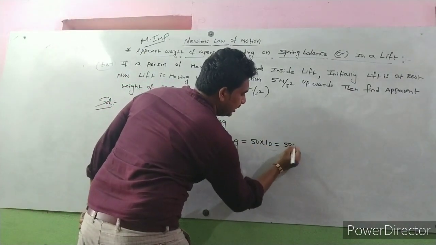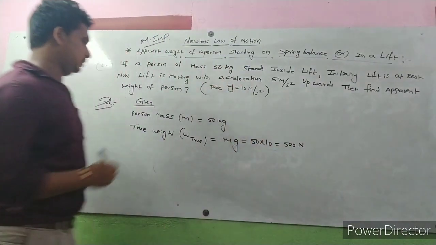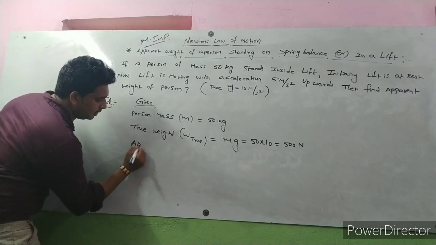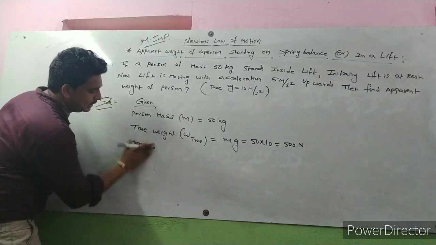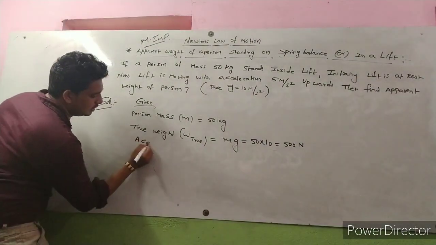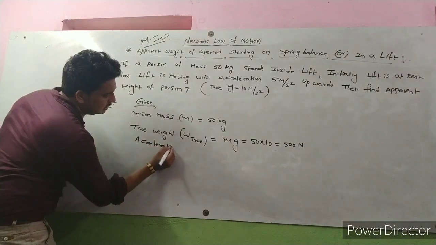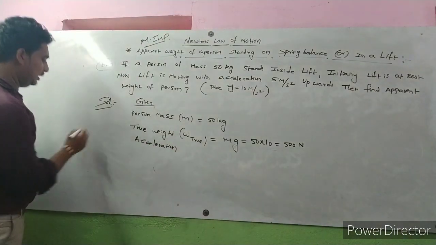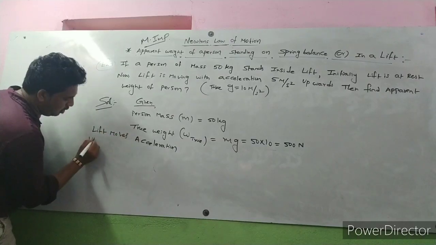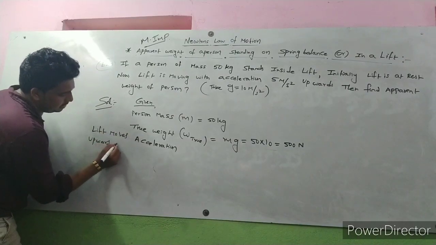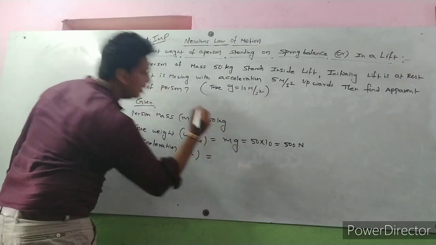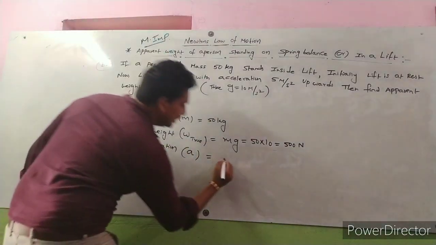So we get 500 newtons. Now acceleration is given. The lift moves upward with acceleration a equal to 5 meter per second square.